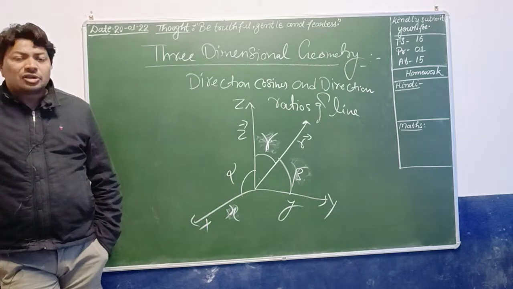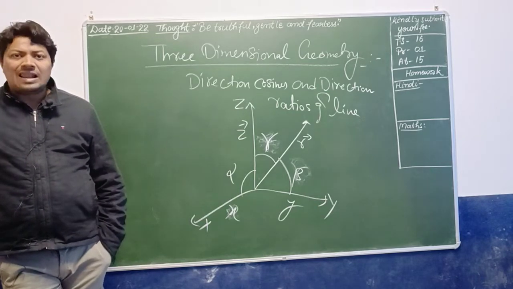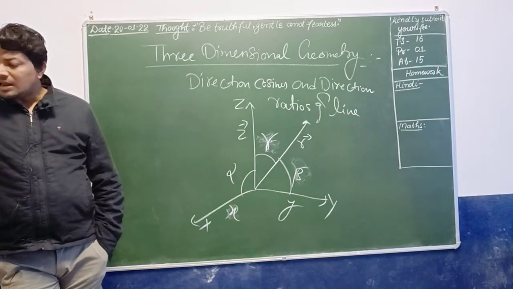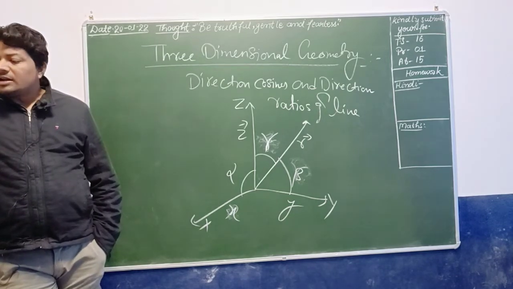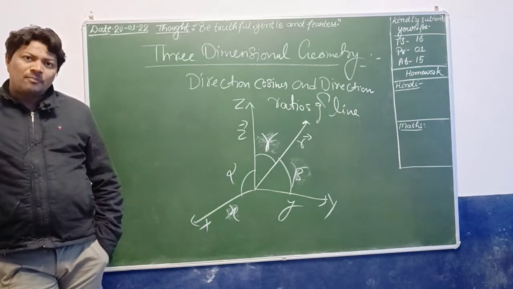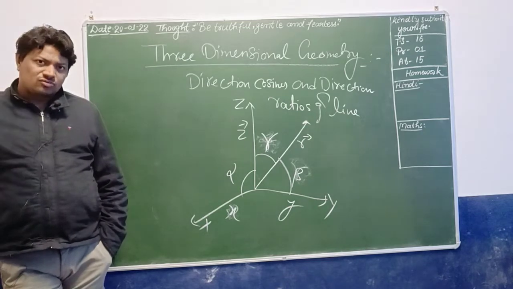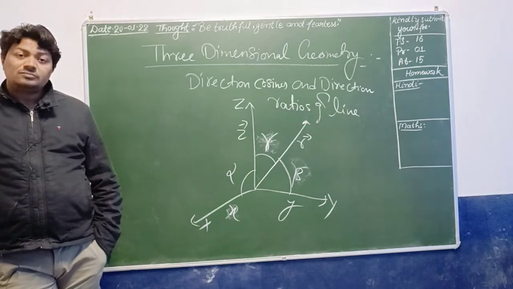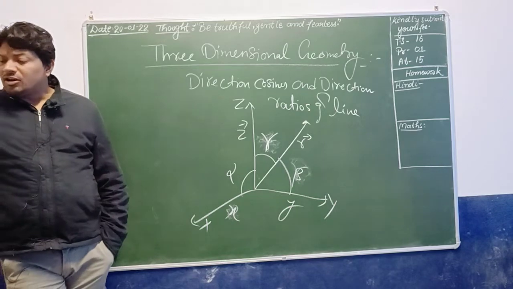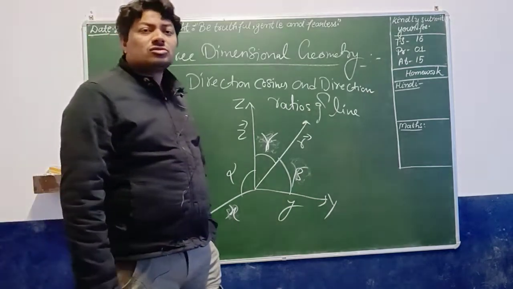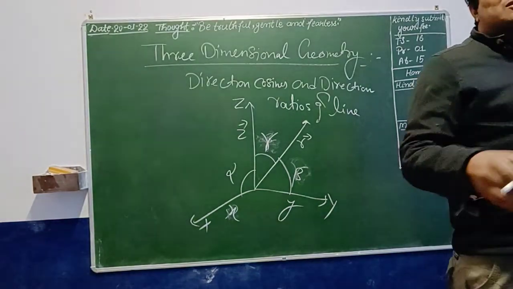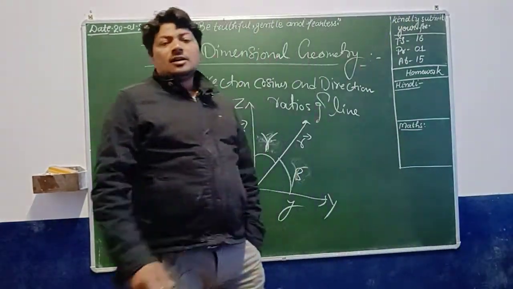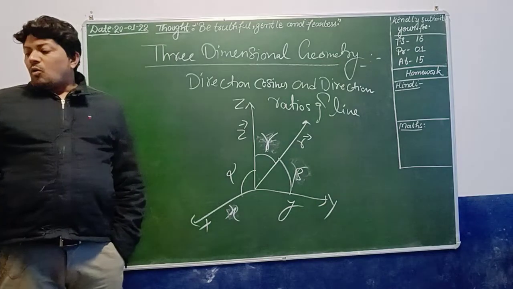Clear? If you take the unique direction cosines L, M, and N, and if you talk about A, B, C, the direction ratios of a line, clear? A, B, C, direction ratios of a line. So what can we say?